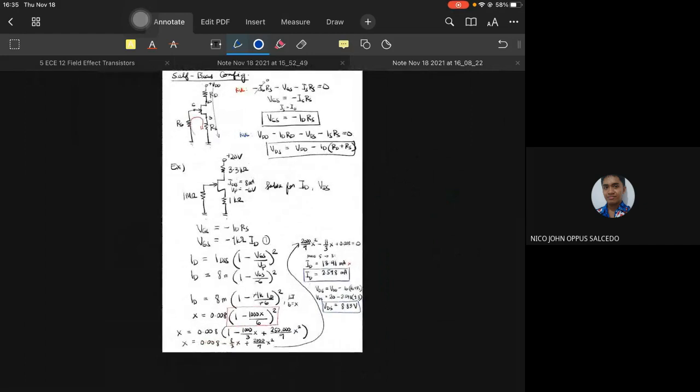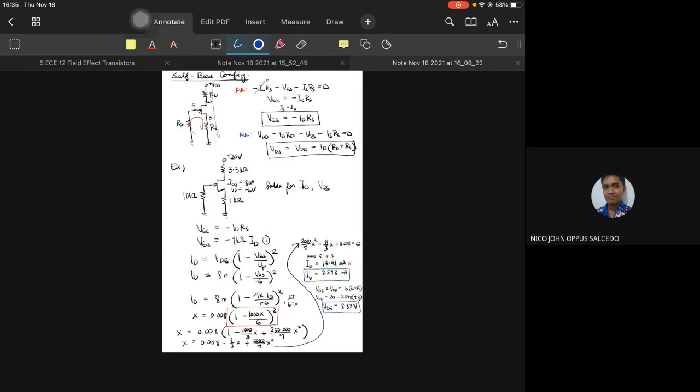So, the same gyapon sa BJT, naay summary table of formulas ang different DC bias configurations for Jfet. Kung gusto nyo, kitaan to, na summary gyapon sa ebook.